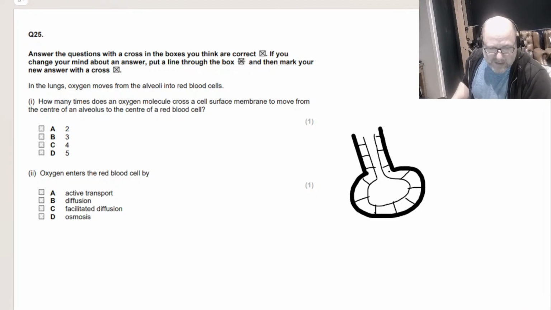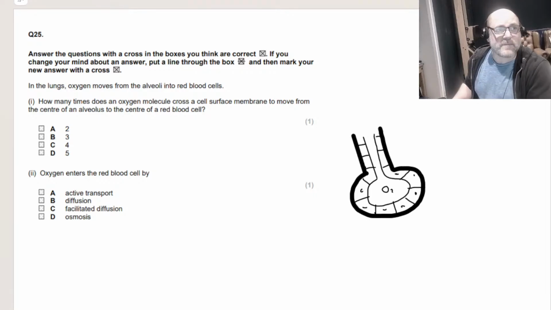These are squamous epithelial cells. If oxygen is here, how many membranes does it have to cross to get out of the alveolus alone? These are cells, not plant cells. I know they look a bit brick-like, but they're squashed squamous epithelial cells. It's got to cross two membranes just to get out here.